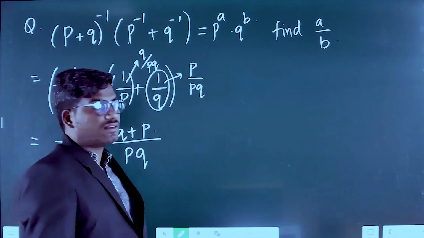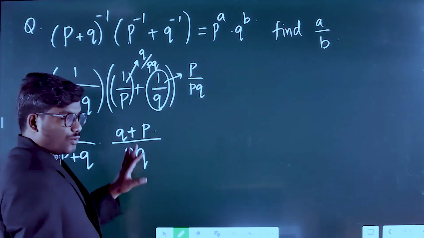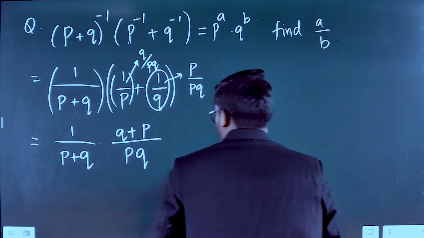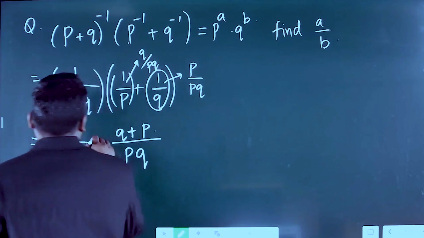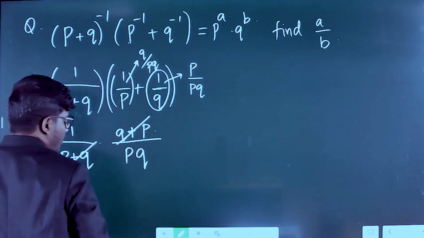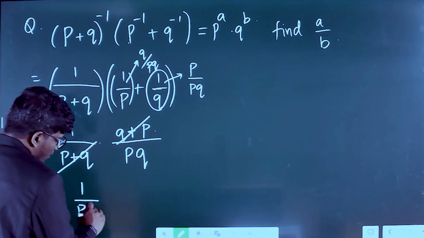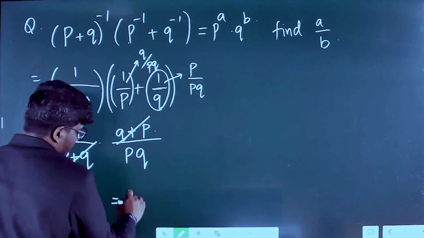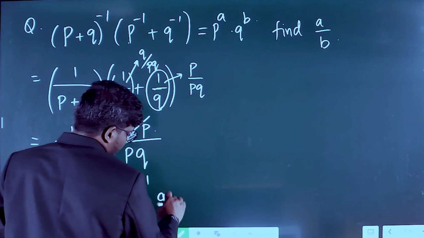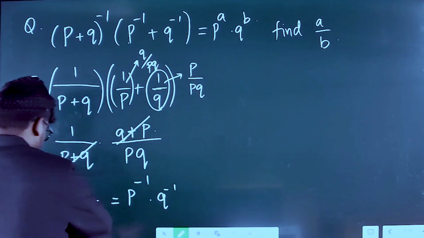Right? So (P plus Q) by PQ. If I cancel out the P plus Q, I'll be left with 1 by PQ, which is P power -1 into Q power -1.